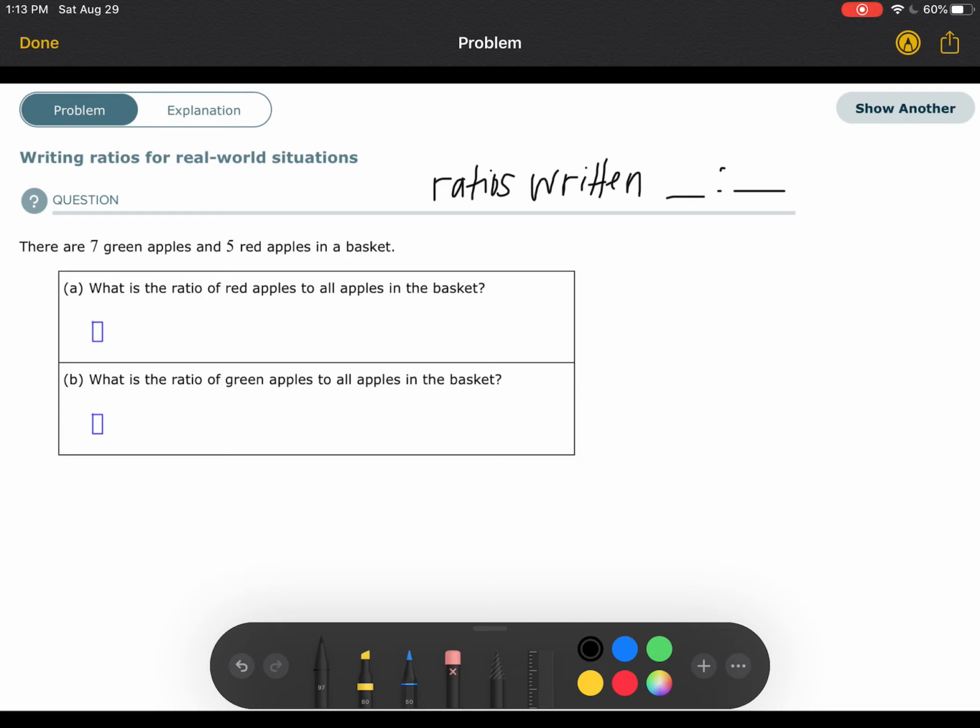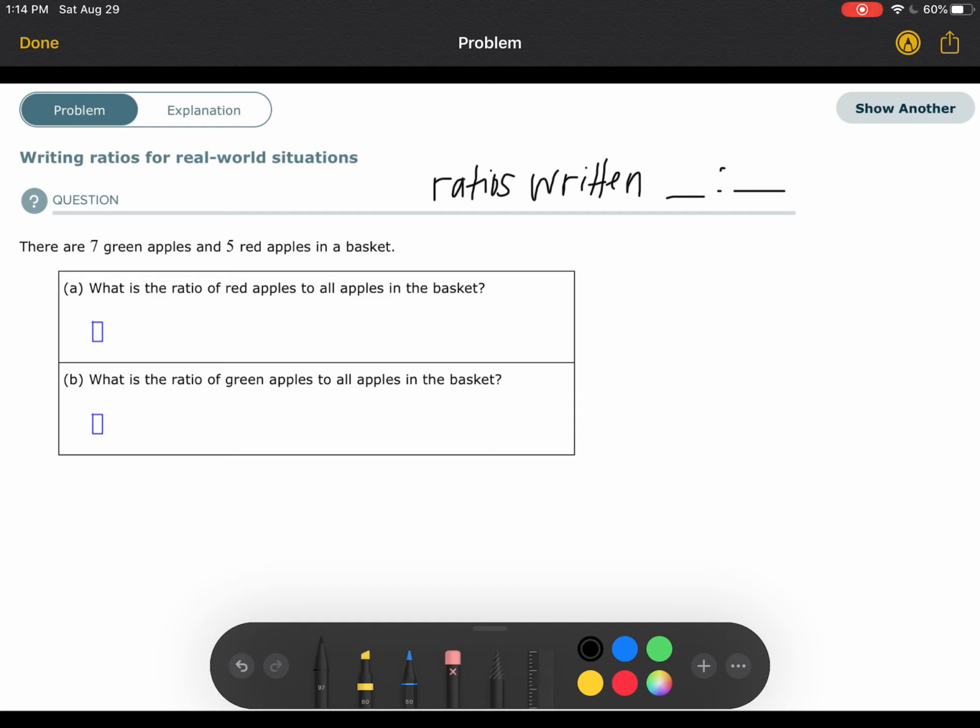So just to go over what this is asking you, it's asking you to write a ratio. And a lot of times you guys are like, what is a ratio? I don't know what a ratio is. So a ratio can be written a number of different ways.